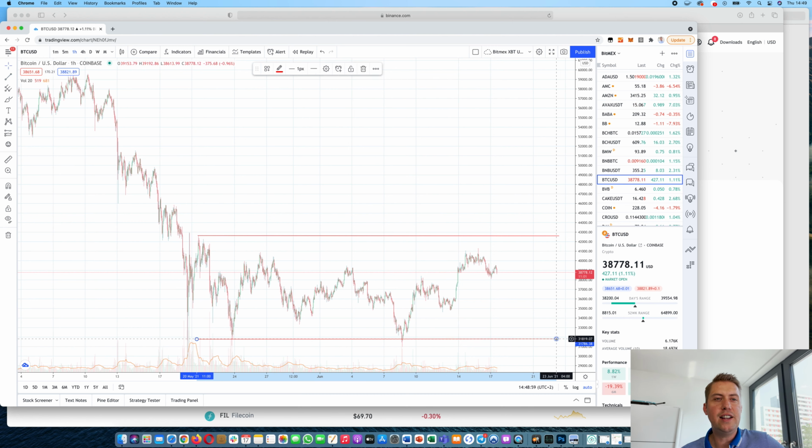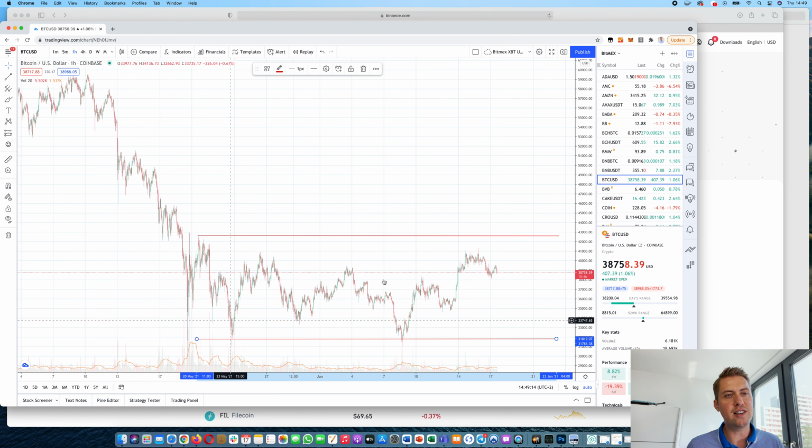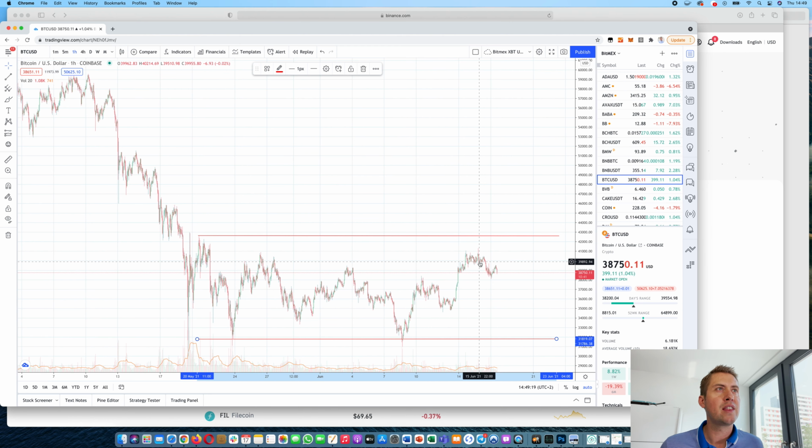The idea of a grid bot is to use that volatility. If the price goes down, you are buying, and if the price goes up, you are selling. That's basically what a grid bot does. It just uses all this volatility to buy and sell regularly.